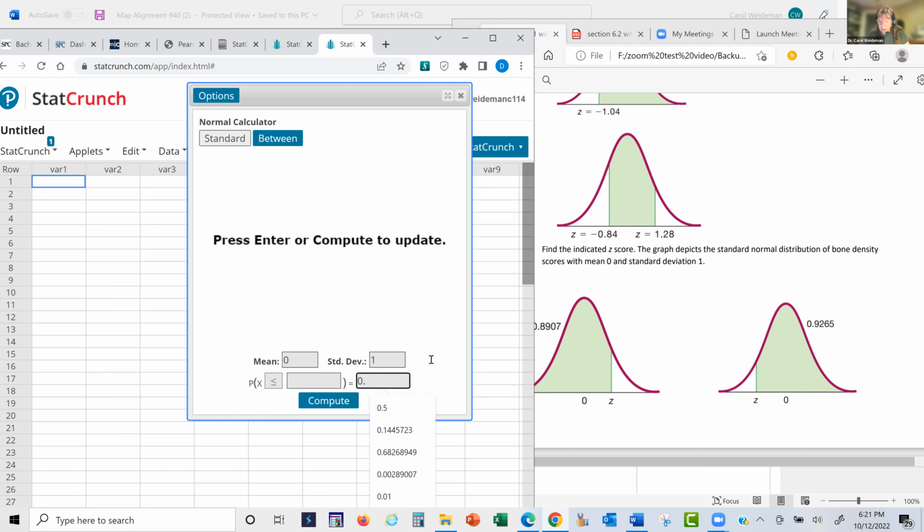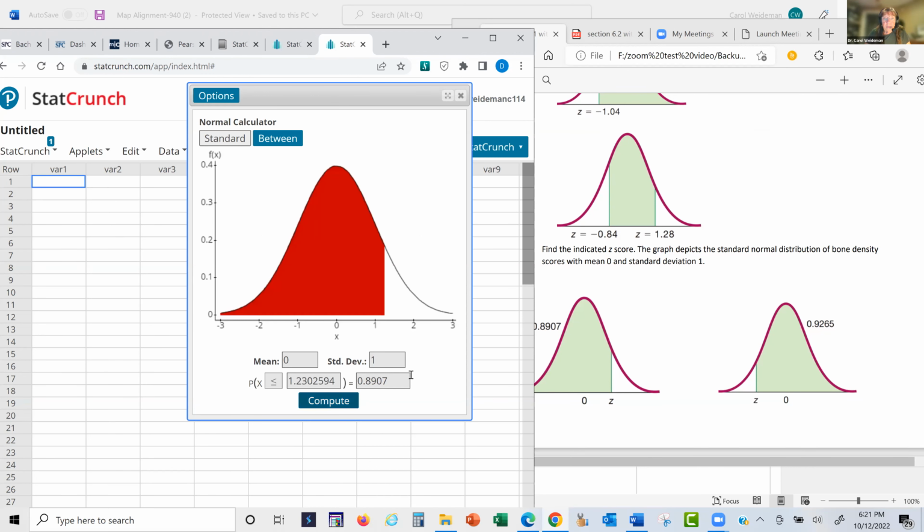So we have 0.8907, compute. And so the z-score that has an area or a probability of 0.8907 to the left is, to 2 decimal places, 1.23. So that z-score right here, 1.23, has an area or probability to the left of 0.8907.